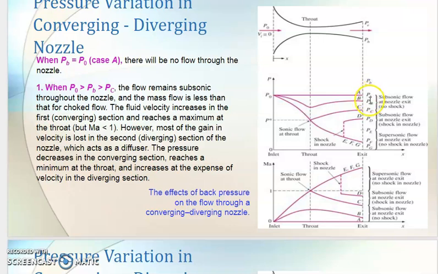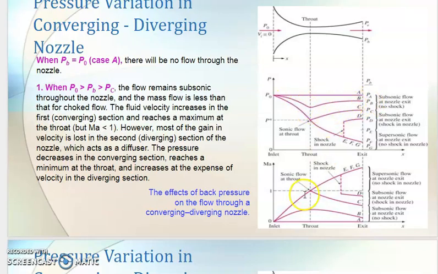Now PB. PB is when you reduce the back pressure, you open up a little bit, you reduce a little bit the pressure. So the back pressure here will become something like this.